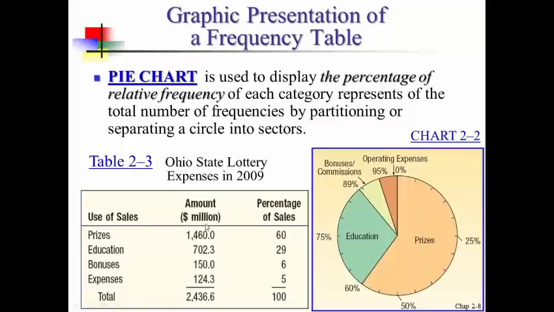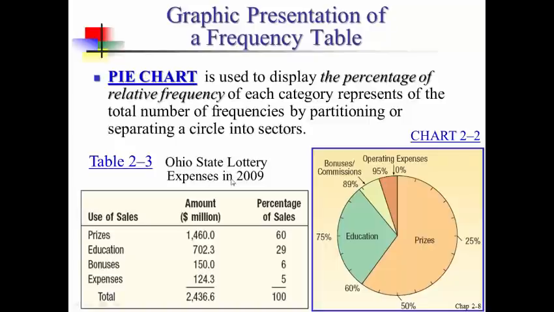Maybe we're not looking at the previous one, table 2.2, but the other table, table 2.3. Table 2.3 shows us the Ohio State Lottery expense in 2009. You know lottery, right?